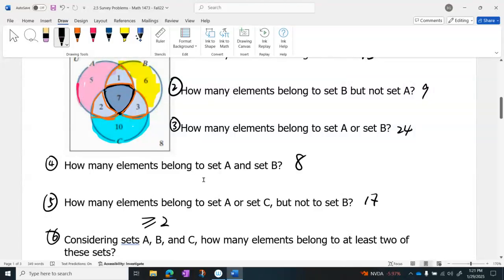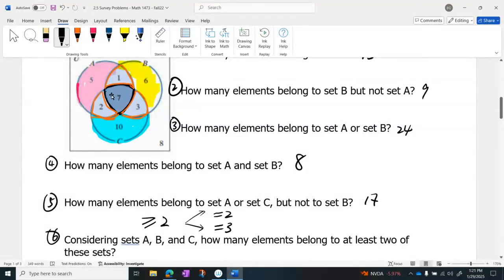My understanding is we are looking for the region representing the set of elements belonging to at least 2 of these sets. At least 2 means exactly 2 or exactly 3, right?